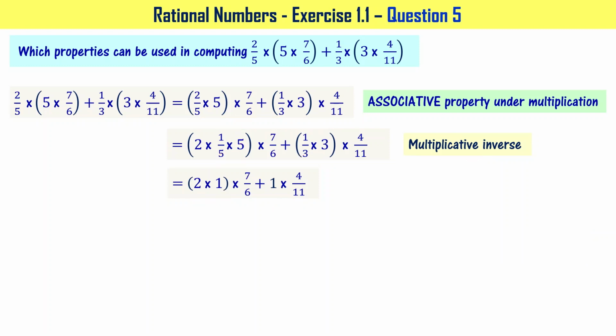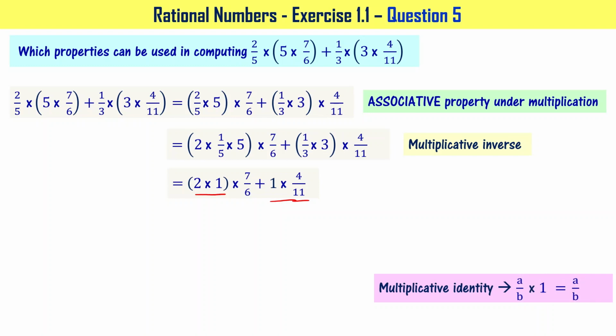Now what property can we think of? You see here we are multiplying the number 2 by 1 and multiplying the number 4 by 11 with 1, right? The multiplicative identity property says that when you multiply any rational number with 1, you are going to get the same number, right?